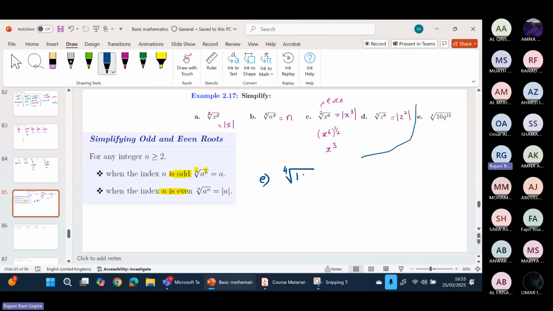Fourth root of 16q^12. When we keep it in exponent form, this will be 1 over 4, right?